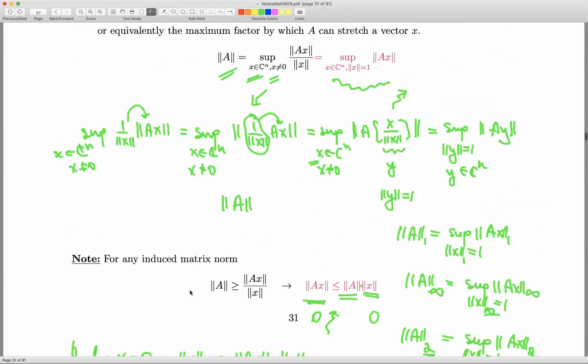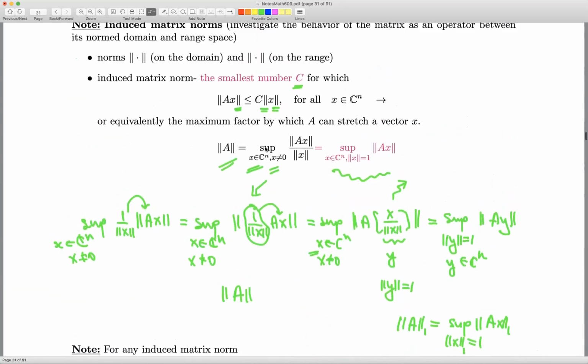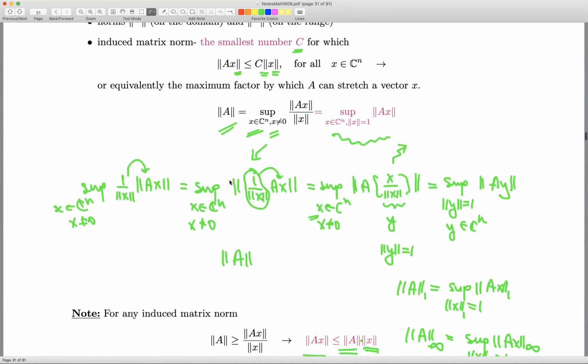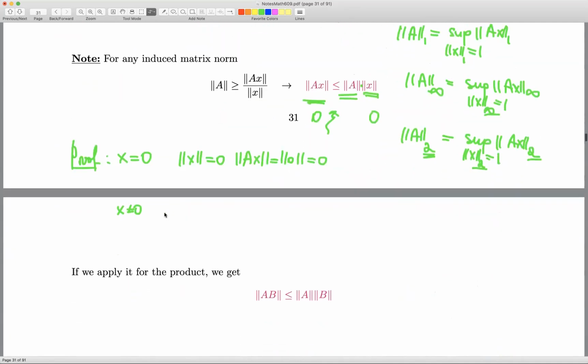If X is different from 0, then I look at the definition and I see that the norm of A is equal to the sup of the norm of AZ over the norm of Z, where the sup is taken over all Z in Cn, and Z are different from 0. But since it is the sup of this quantity over all Z's, and I'm taking a particular X, the sup, or the biggest among those, will be bigger than or equal to the particular one that I'm taking.